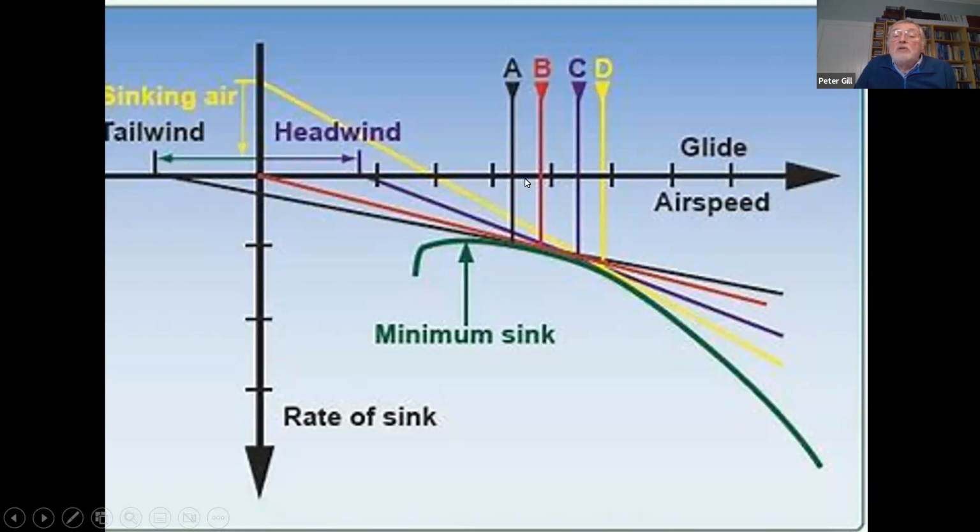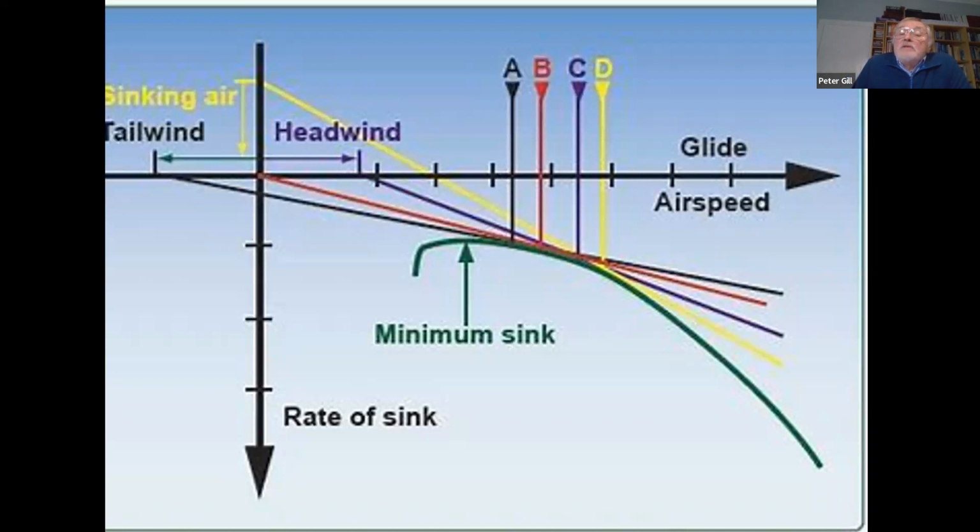If you fly it slower, you might be coming down less quickly, but you're not going as far. So the glide angle is worse. But that only applies if you're flying in still air.